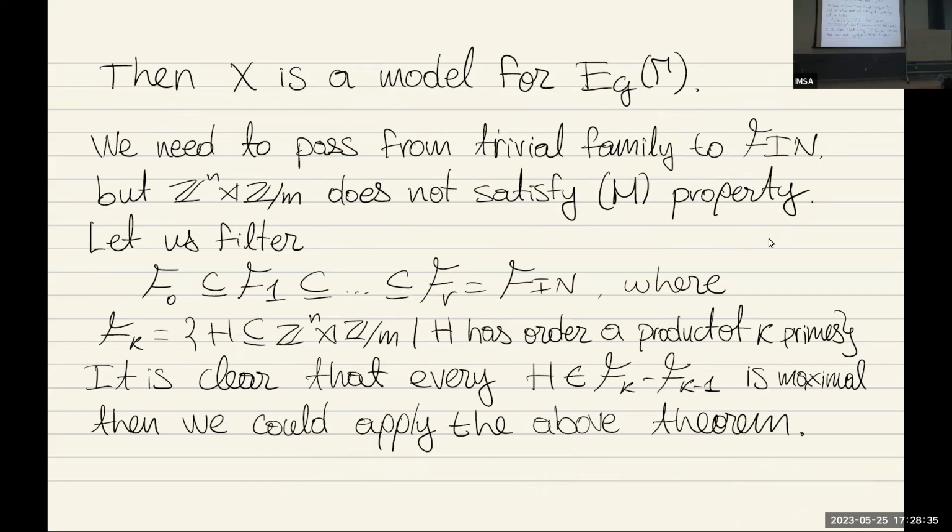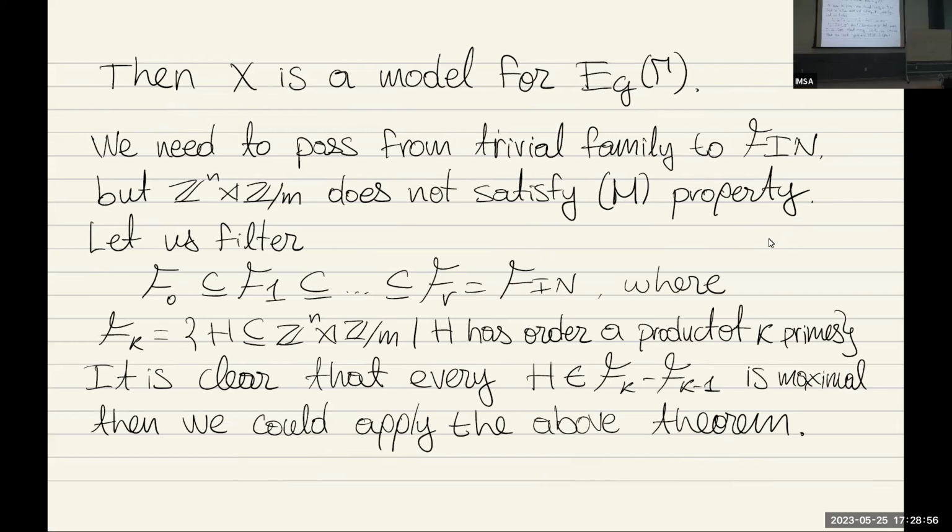We need to pass from the trivial family to the family of finite groups. We cannot do this in only one step because the group doesn't satisfy the property M.